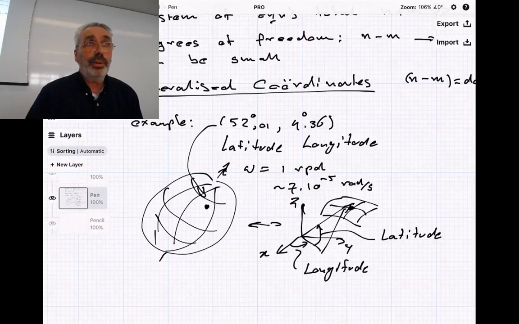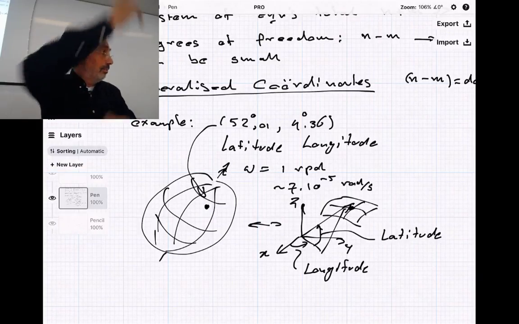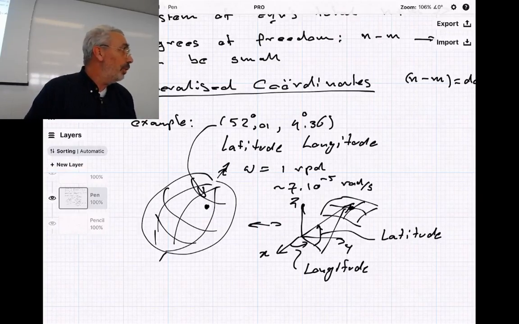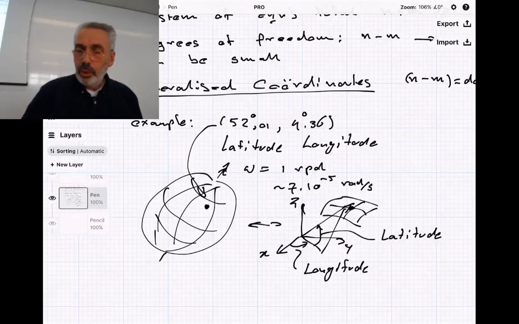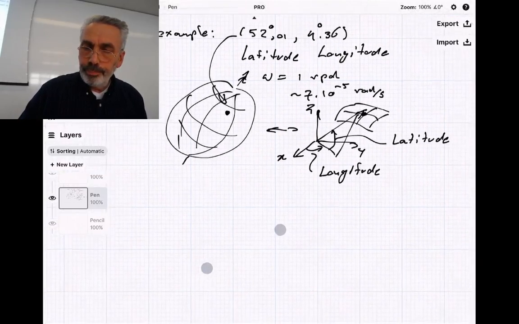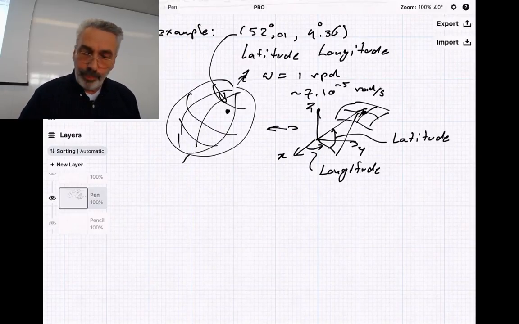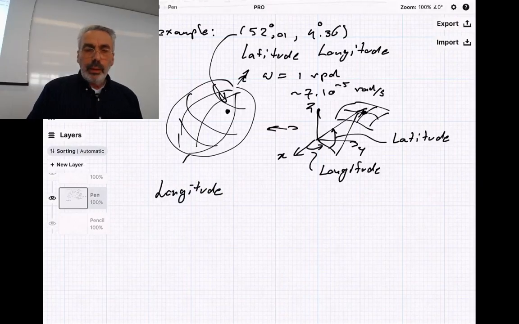There is no preferred direction, right? So where does the name longitude come from? Does anybody know? Same length. Sorry? Those lines are the same length. Circumference. Those are the same length?